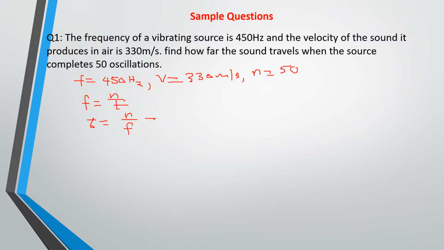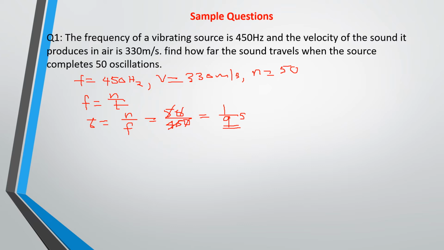If you do that simple substitution, you have n is 50 and f is equal to 450 Hz. By the time you do this simple cancellation, you have that the time to complete the 50 oscillations is 1 over 9 seconds.